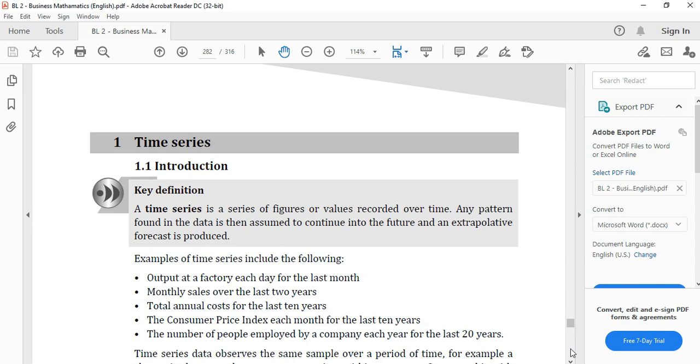Monthly sales over the last 2 years: the time is 2 years, the series is monthly, and the data is also part of the series, which in this case is the sales.